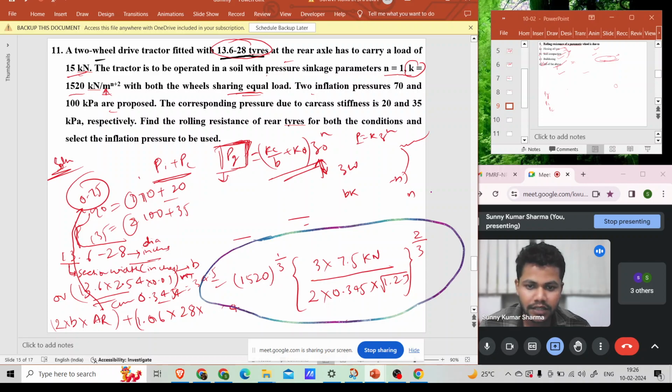This we are doing in standard units, so it will come in kilopascal. This is 90 kilopascal. First we will compare, and for 135 we will compare.